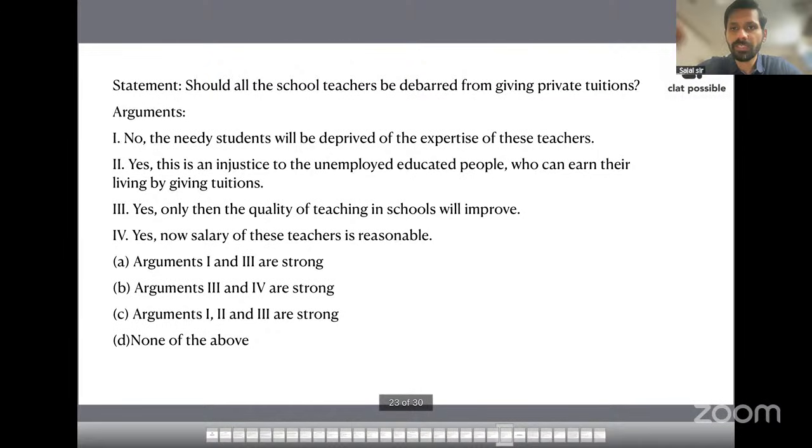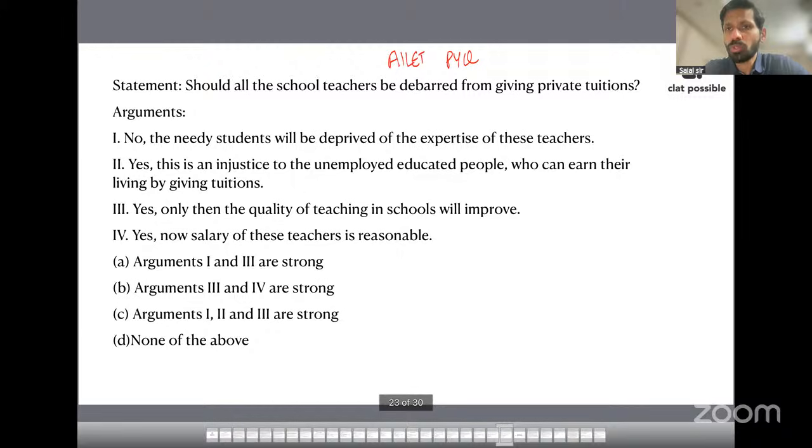Again, this is AILET PYQ. Okay, should all the school teachers be debarred from giving private tuitions?